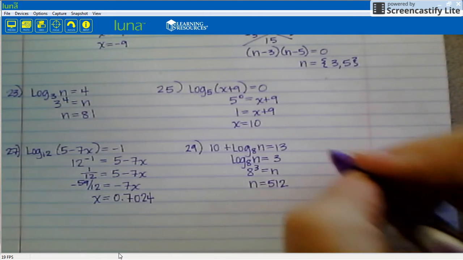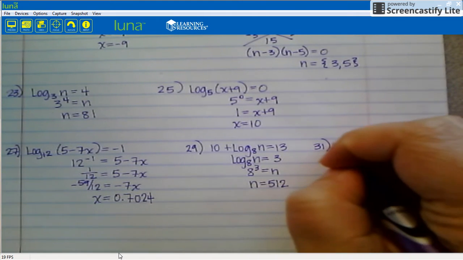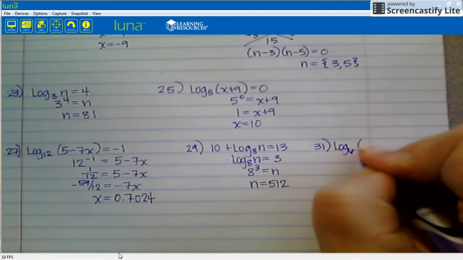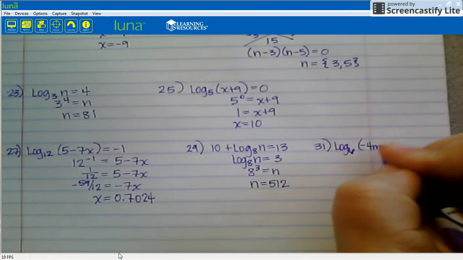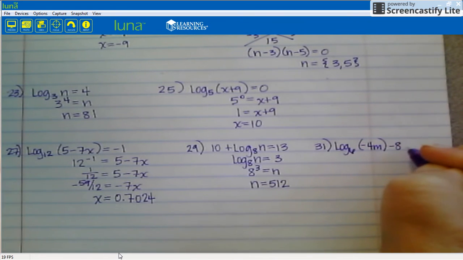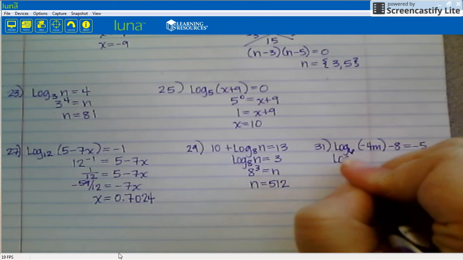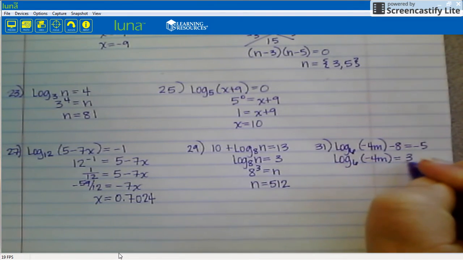For number 31, same song, different dance. We have log base 6 of negative 4m minus 8 equals negative 5. So the first thing I'm going to do is add my 8, and this gives me log base 6 of negative 4m is equal to 3.